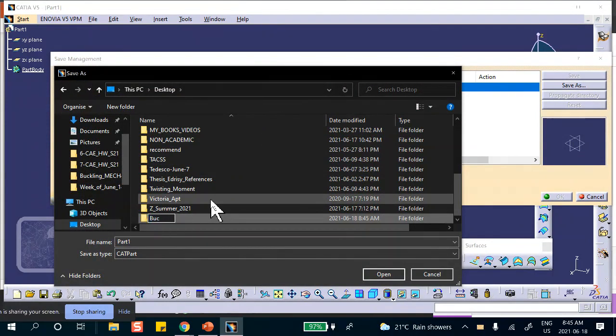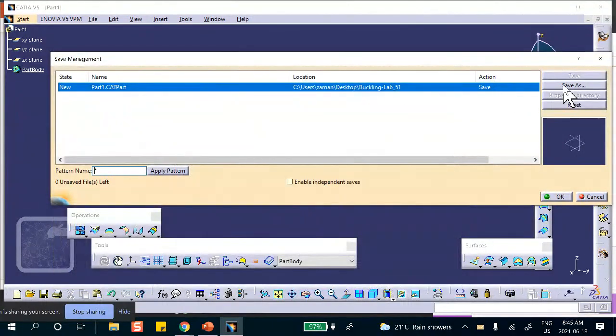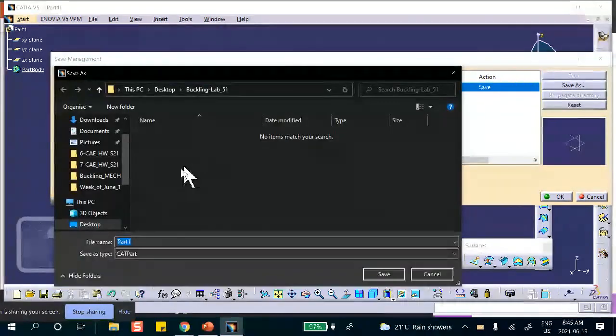Okay, no problem. Buckling. Stop 51. Okay. And that part, I'm going to save as no planes of symmetry. Okay. Make it.